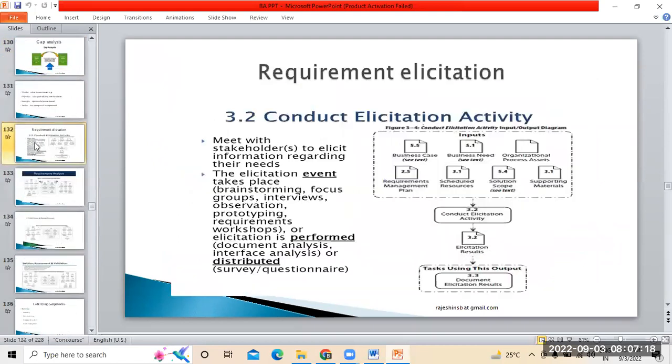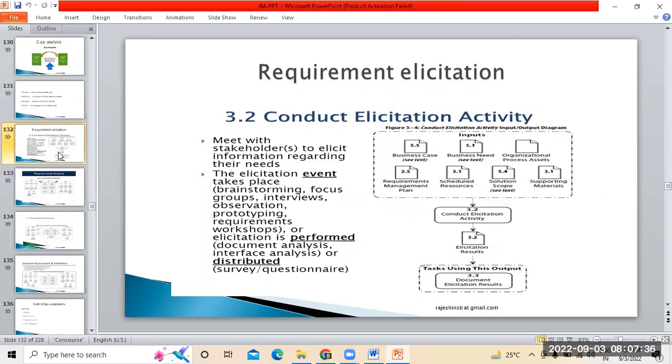Among all that, there are elicitation activities which we normally conduct, because there are different ways of doing it. For example, if you are meeting a business owner, will you give a questionnaire to them, or take an interview?